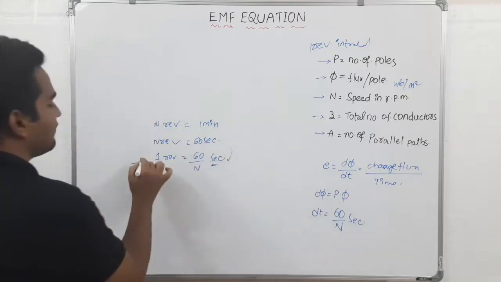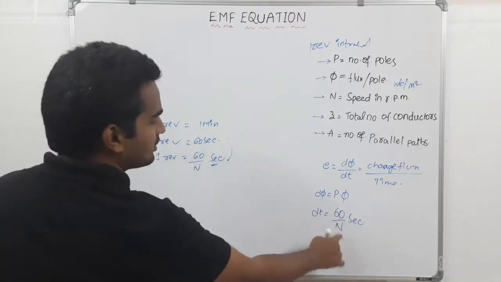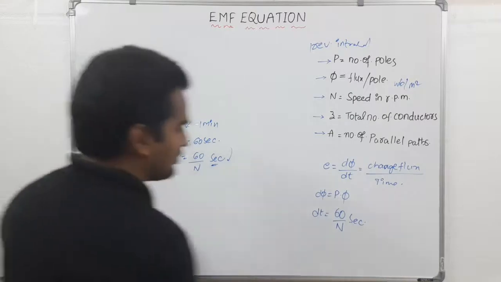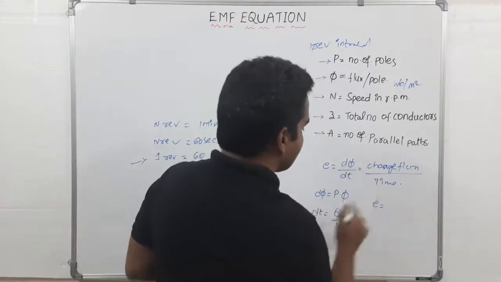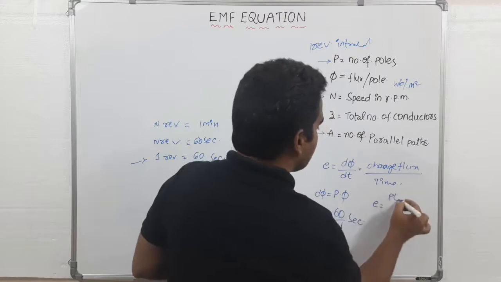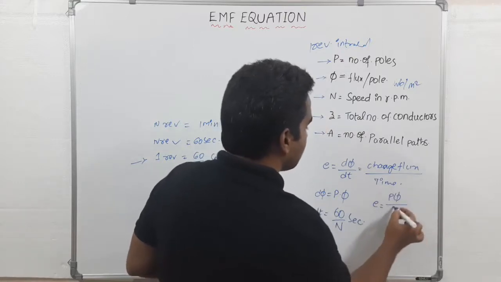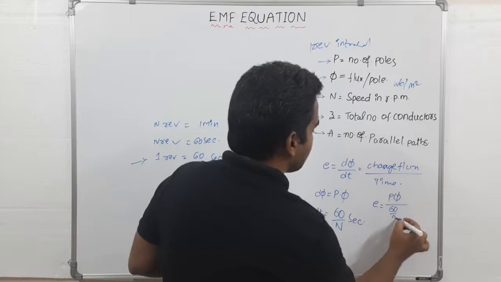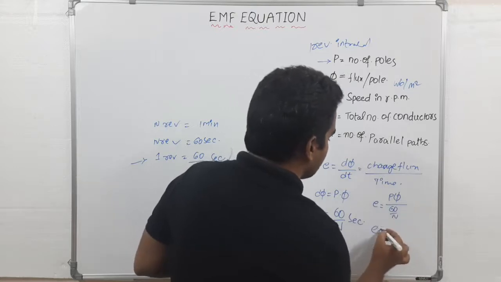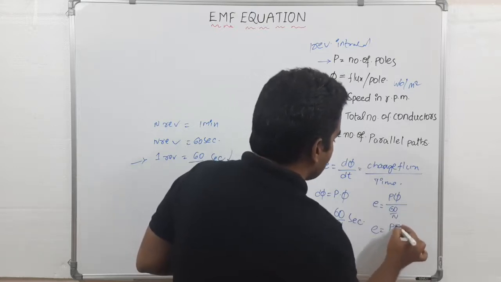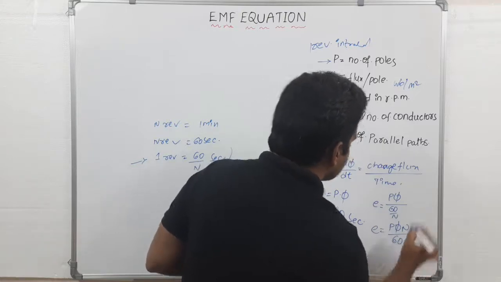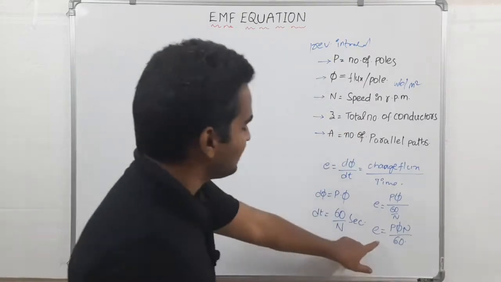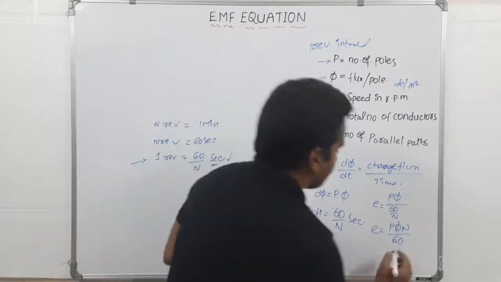So dt equals 60 by N. Therefore E equal to d phi by dt, which is P phi divided by 60 by N. So E equal to P phi N by 60.